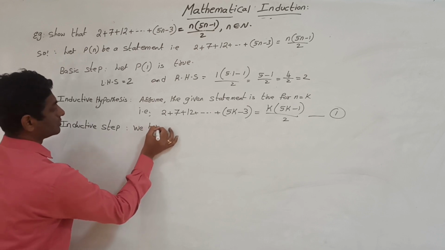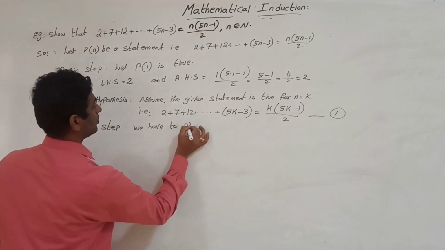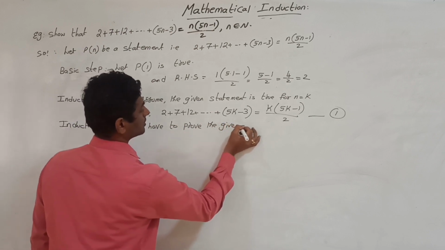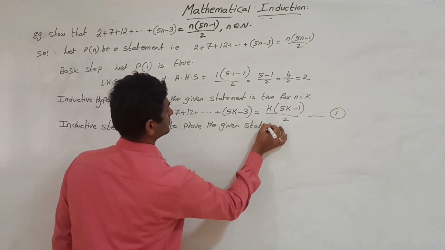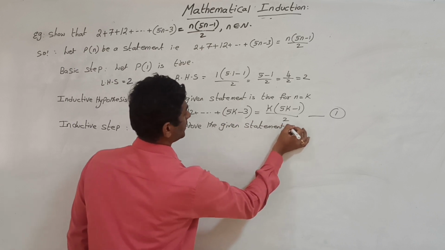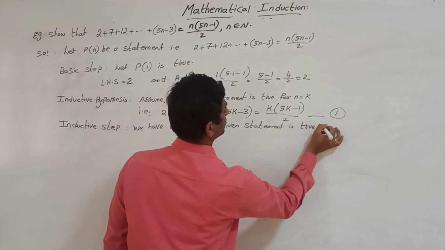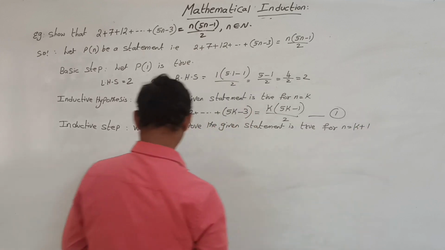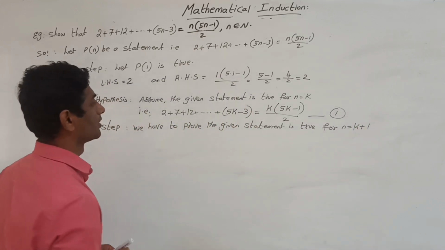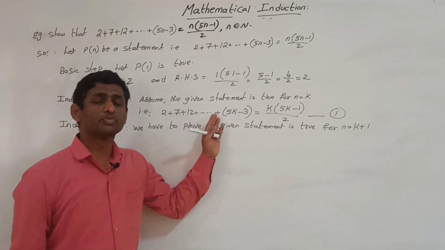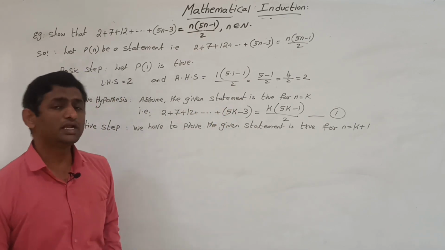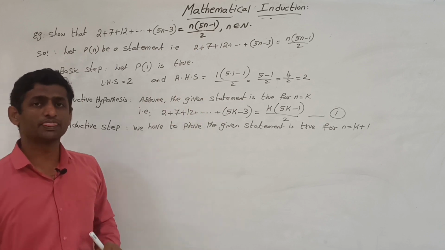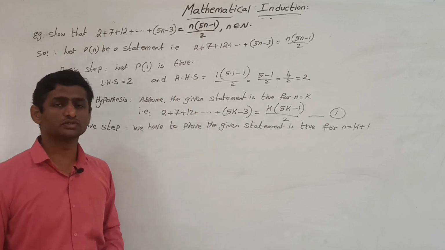We have to prove the given statement is true for n equal to k plus 1 by using the inductive hypothesis. So in this there are only k terms. It is the sum of k terms.